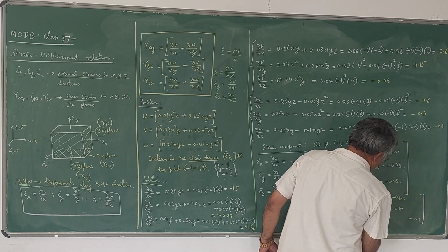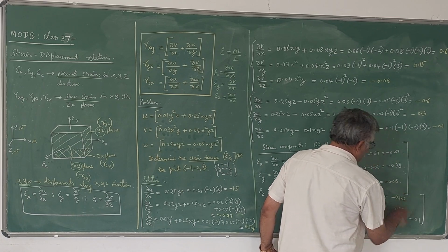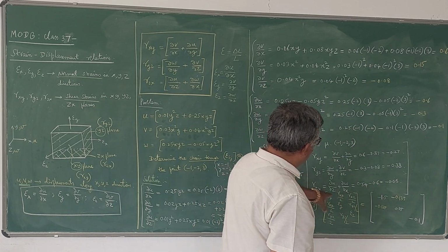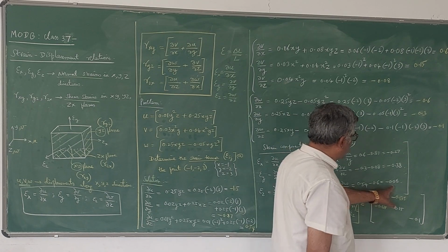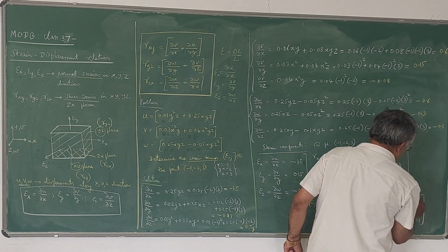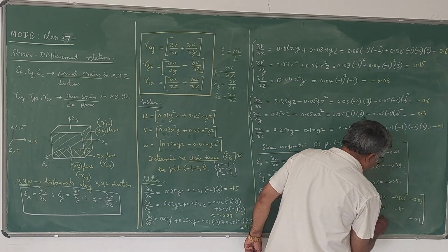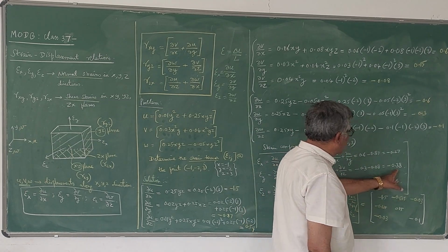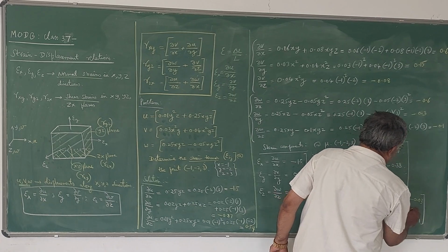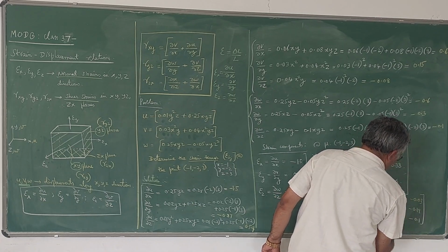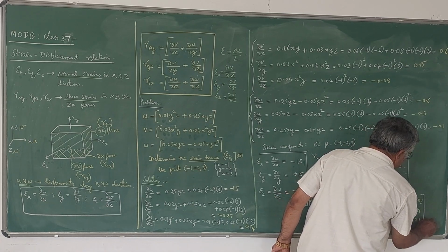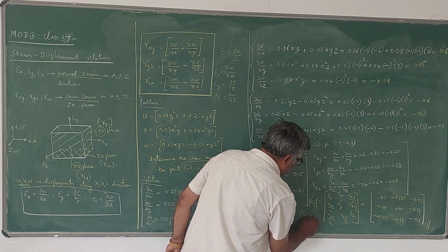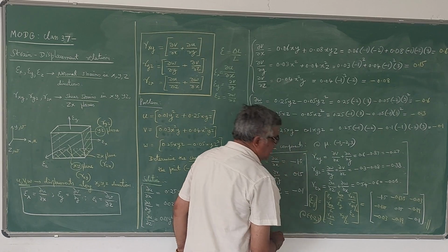So this also becomes minus 0.135. Symmetric, the symmetric tensor. Next, you have gamma zx, which is minus 0.06 divided by 2 means minus 0.03. This will be minus 0.03. Then gamma yz minus 0.38 divided by 2 means minus 0.19, minus 0.19. So this is the strain tensor at the point minus 1, minus 2, 3. So this completes the problem.